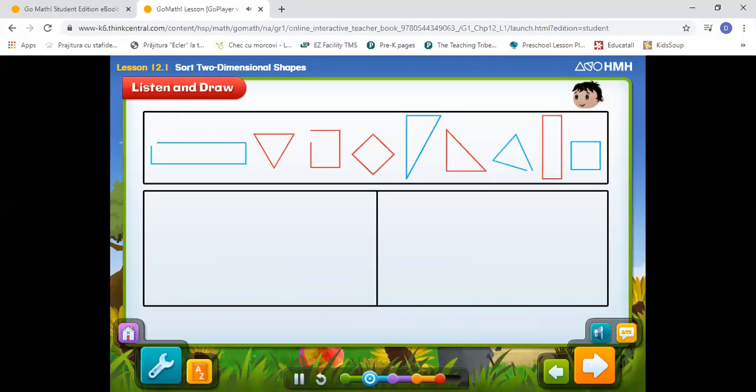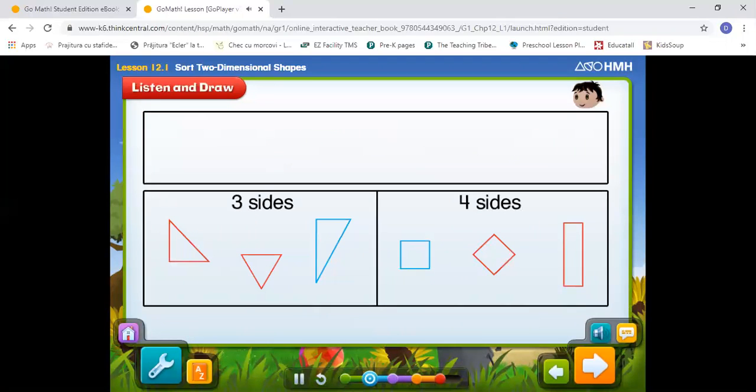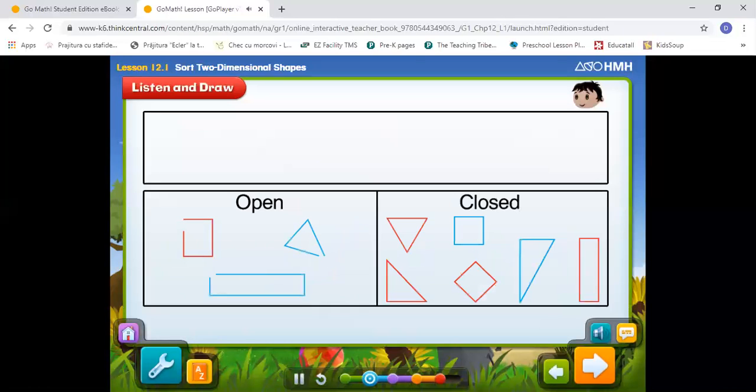Devin wants to sort these shapes to show a group of triangles and a group of rectangles. These are two-dimensional shapes. They're also called flat shapes or plane shapes. So how do you call these two-dimensional shapes? Flat or plane. How are the shapes alike and different? You can sort them into red shapes and blue shapes, or into shapes with 3 sides and 4 sides, or into open shapes and closed shapes.